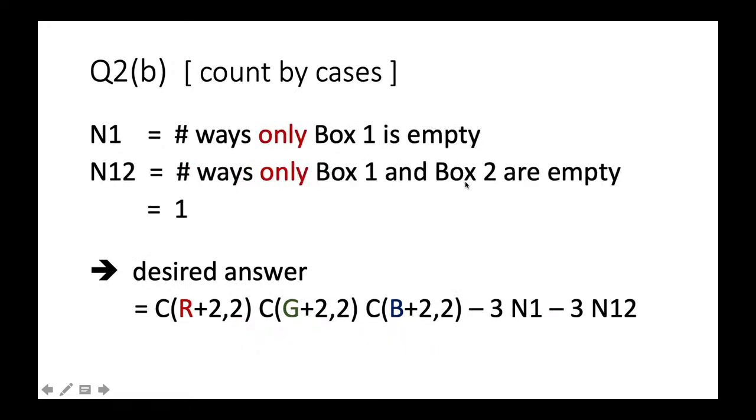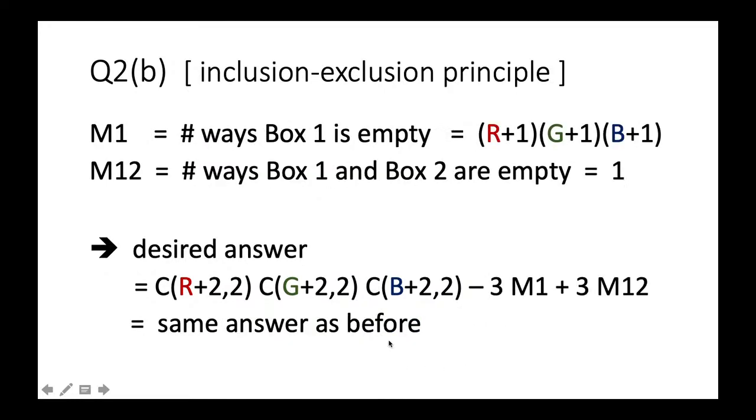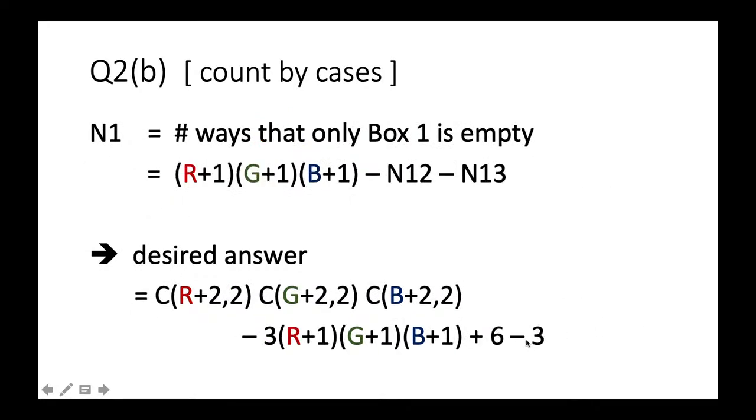If we combine with the previous formula, we now have the value of n1. So it is going to be minus 3 times n1, and finally minus 3. Okay, so this is one way of solving this problem.